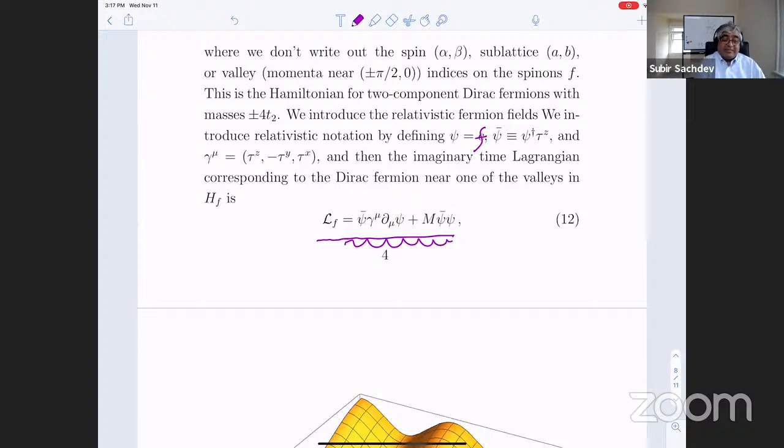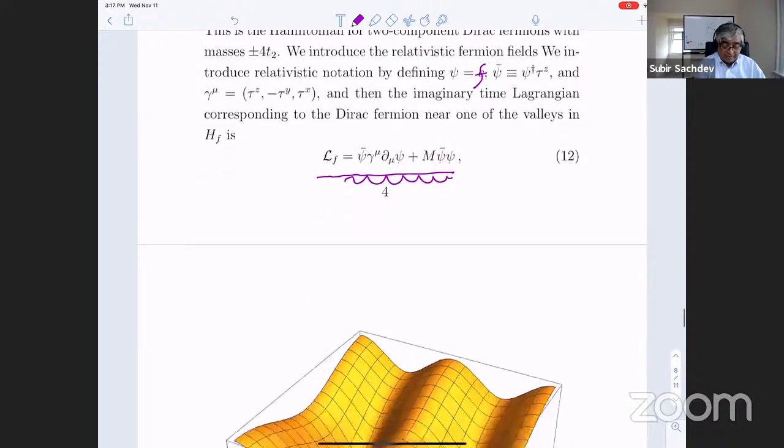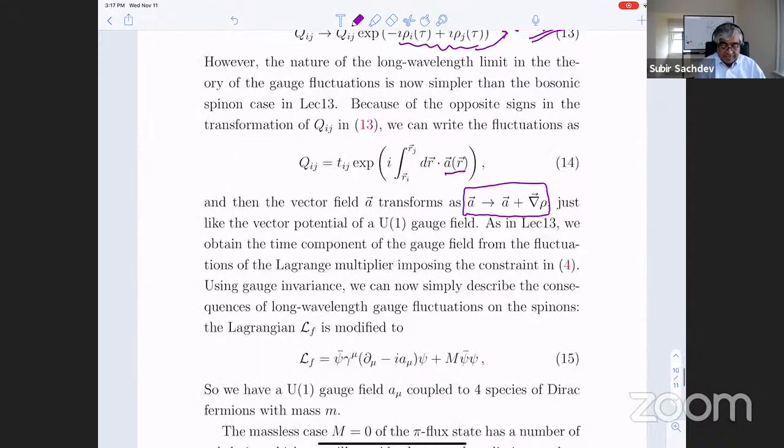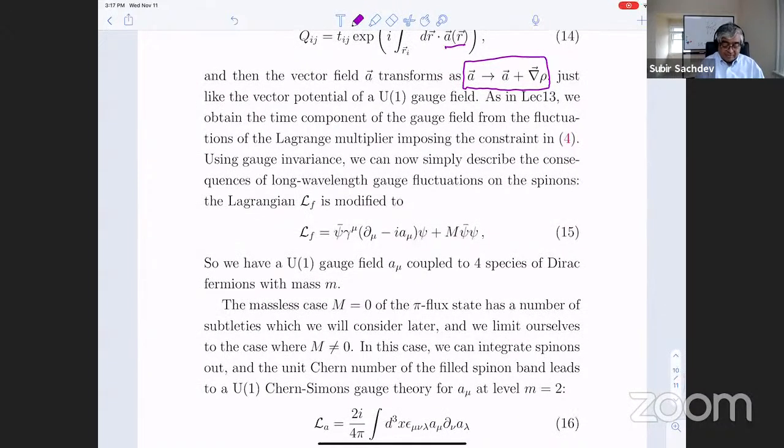They're going to couple to the gauge field, and how are they going to couple? Well, they're going to couple in the only way possible from gauge invariance: all you have to do is make that gradient a covariant gradient. So extremely simple. You just work out the theory of the spinons, and then you gauge everything, and you have an emergent gauge field, which is strongly fluctuating. Okay, so there's our theory now.